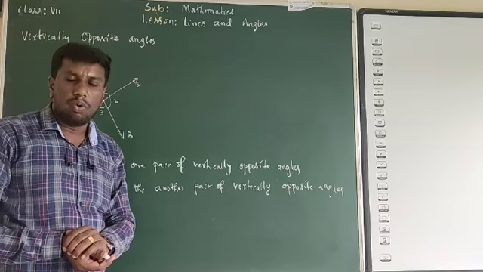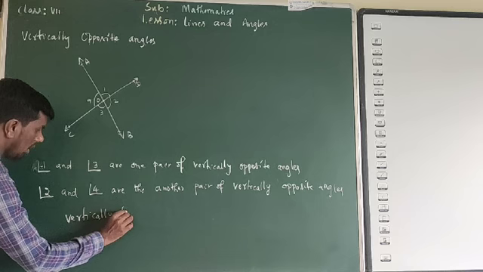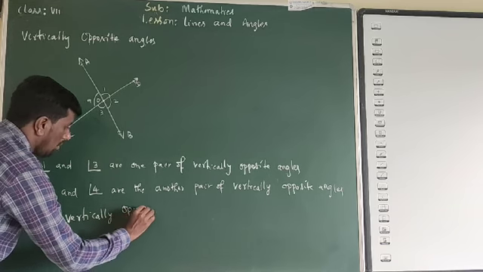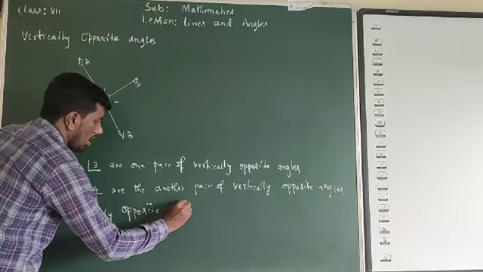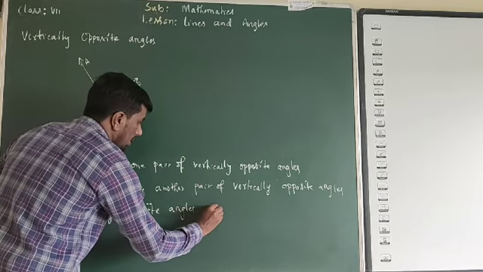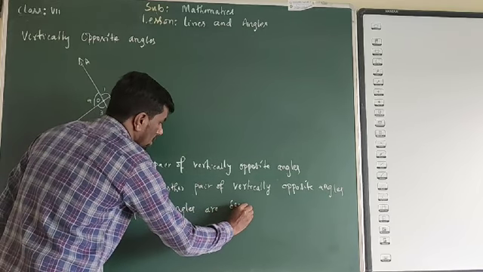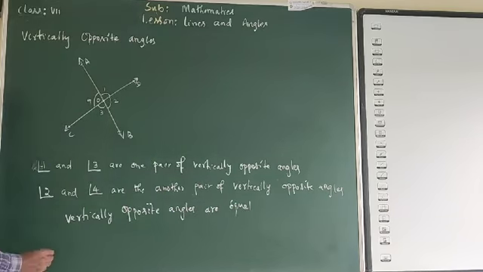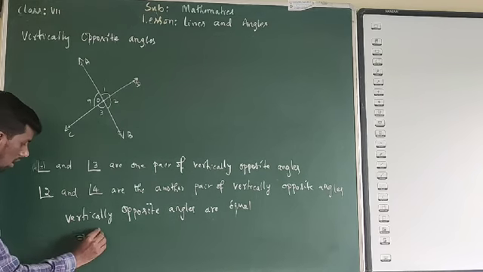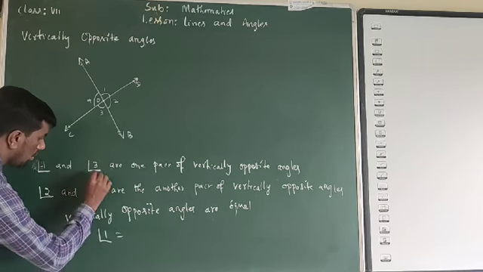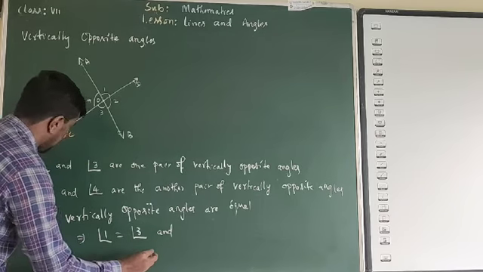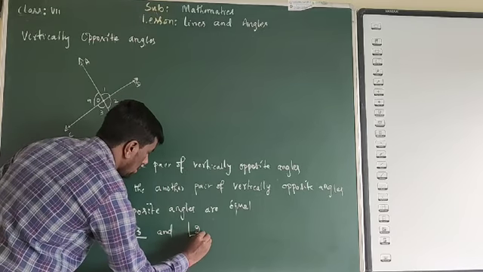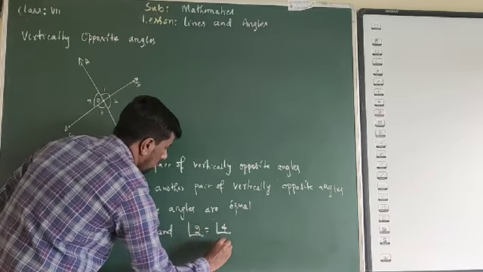And you know that vertically opposite angles are always equal. Vertically opposite angles are equal implies that angle 1 is equal to angle 3 and angle 2 is equal to angle 4.